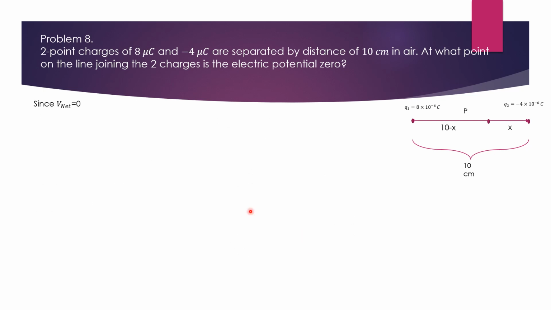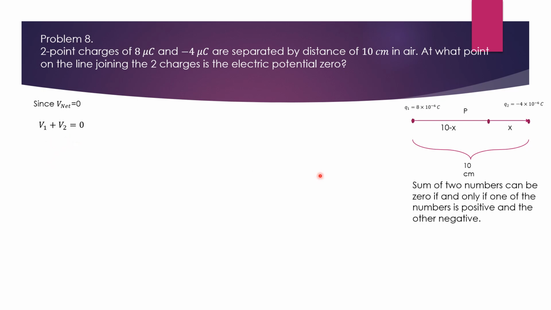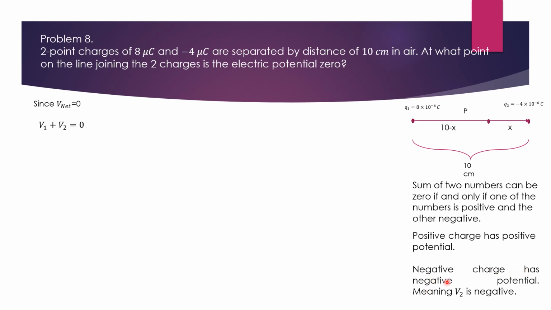Since V net is equal to 0, V1 plus V2 is equal to 0. The sum of two numbers can be 0 if and only if one of the numbers is positive and the other is negative. Remember, that's a mathematical concept. Positive charge has a positive potential and negative charge has a negative potential, meaning V2 is negative.